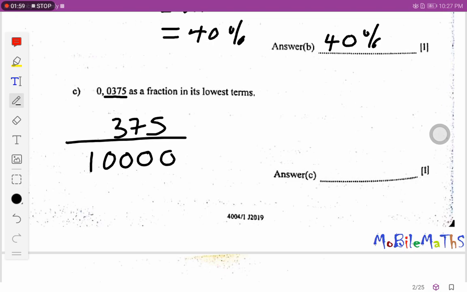If I divide by 5, okay, let me just divide it straight. I'm going to get 15 over 400, and then 5 can go into all these numbers and we have 3 over 80 as my answer there.